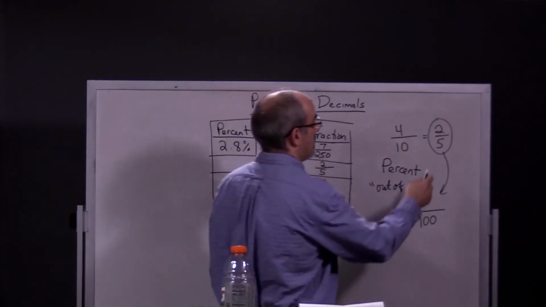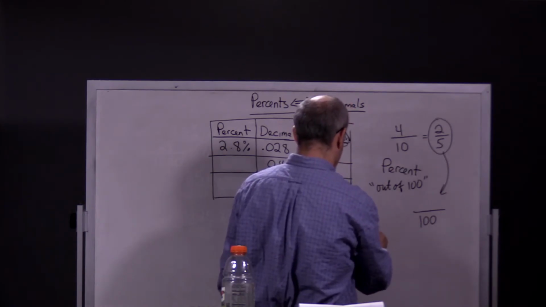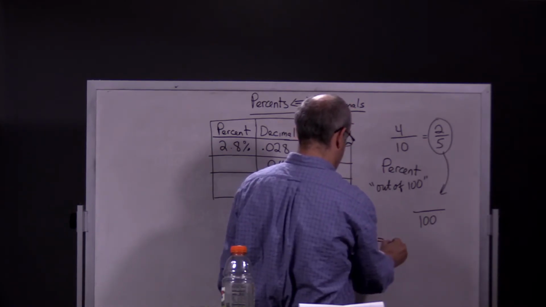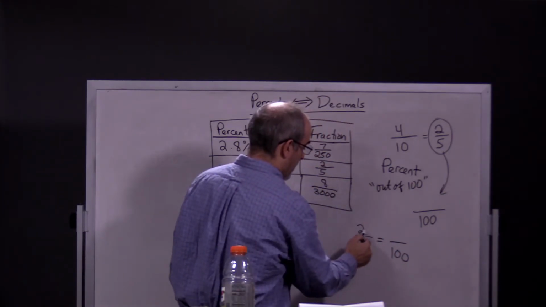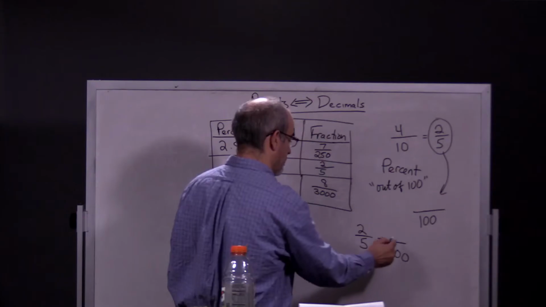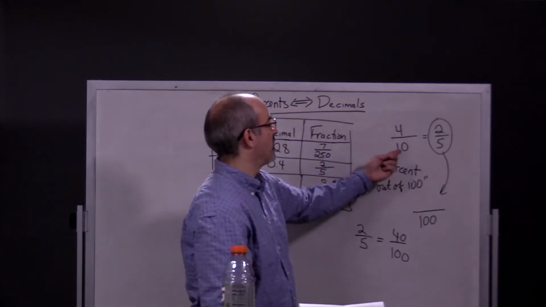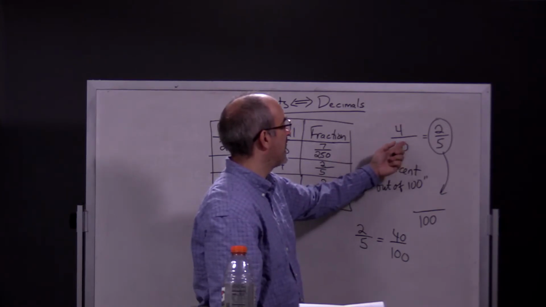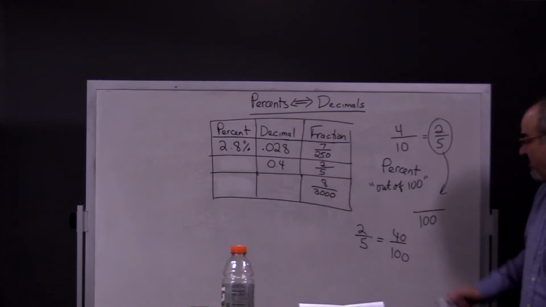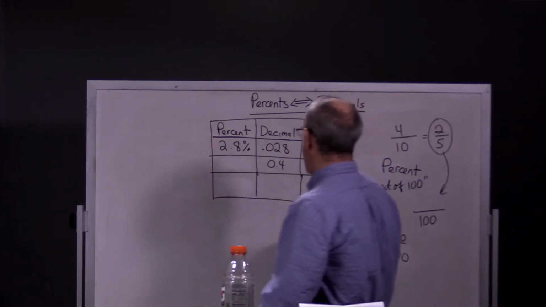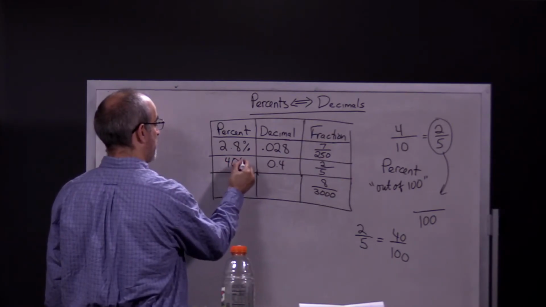So what fraction is equivalent to 2 over 5 that has a denominator of 100? You cross multiply, you get 200 equals 5 times something. Well, this would be 40. You can see 4 over 10, you would just multiply this by 10 and that by 10, you get 40 over 100. That means 40 out of 100. So that means 40%.